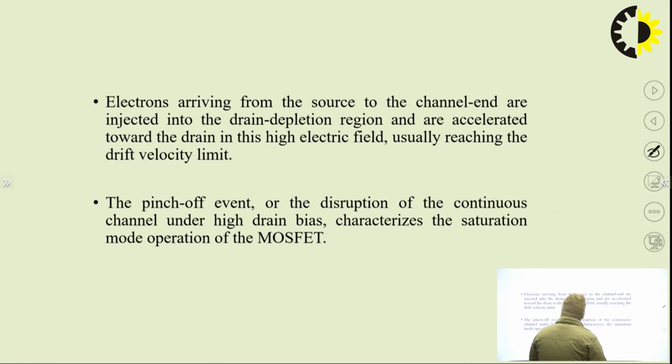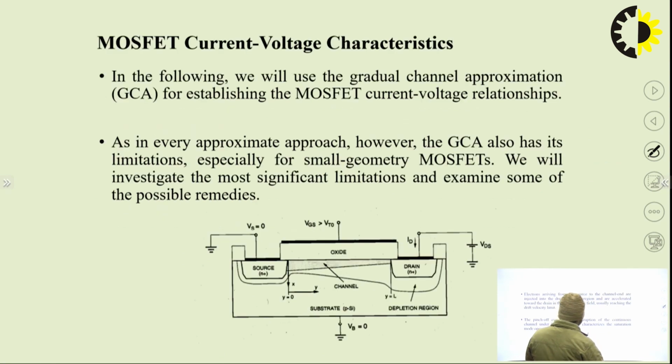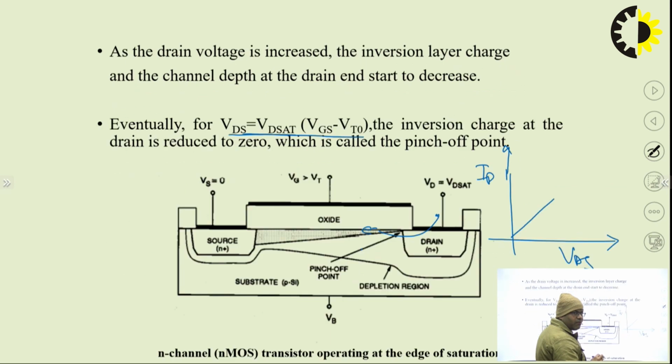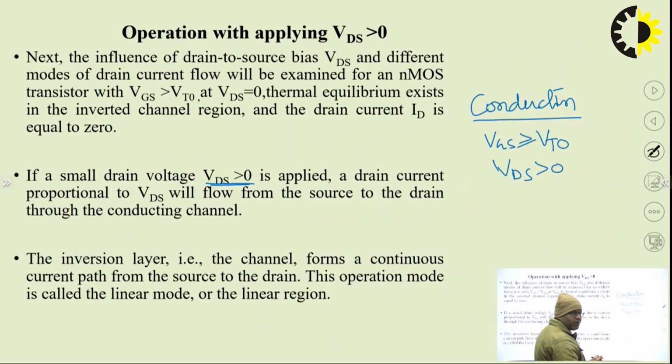So now I am writing the conditions for when saturation and when the linear region is available in the MOSFET. I am just writing the conditions of saturation and linear mode of operation.